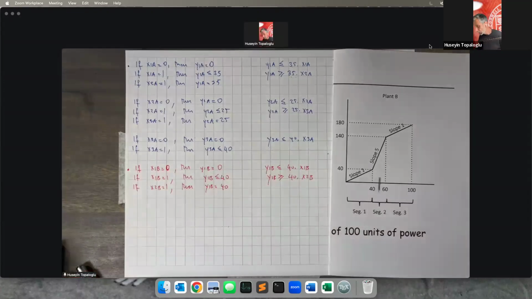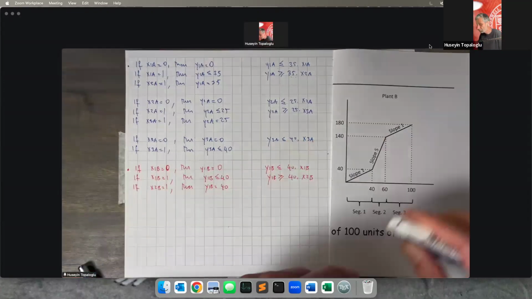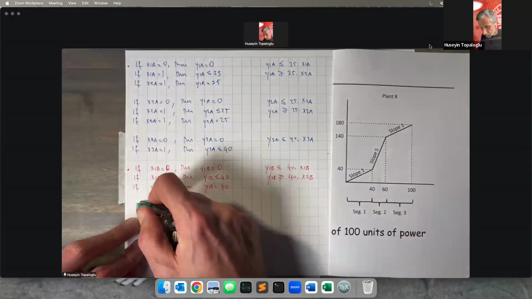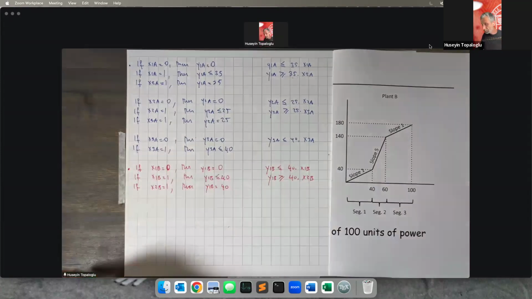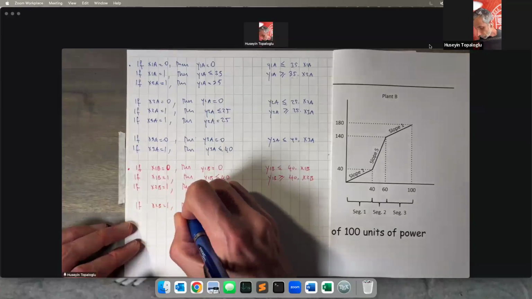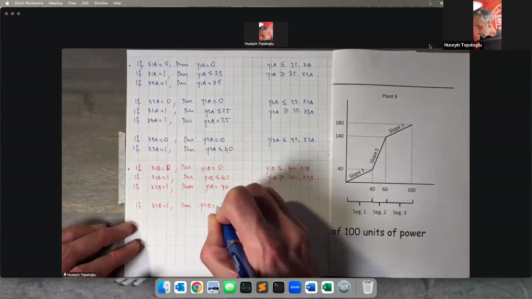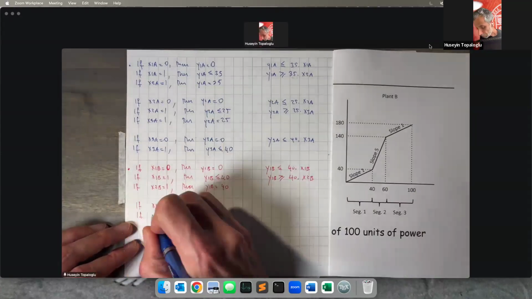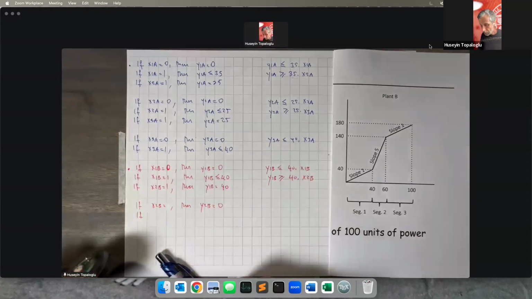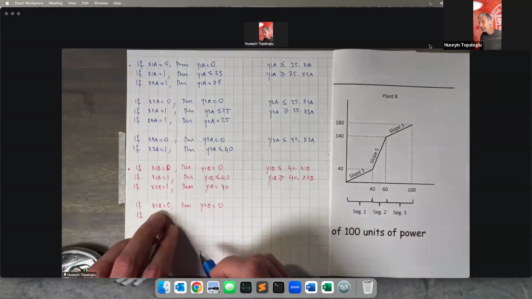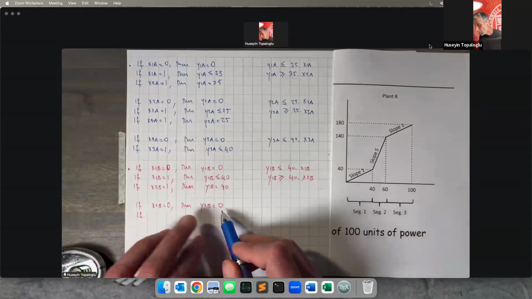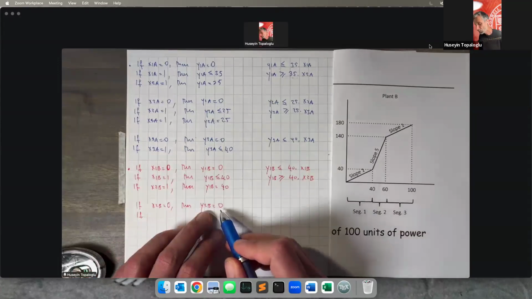But let's deal with the second segment in plant B. We want to write a constraint that says, if we're not utilizing the second segment in plant B, if x2b is equal to 0, then the utilization of the second segment in plant B has to be 0.